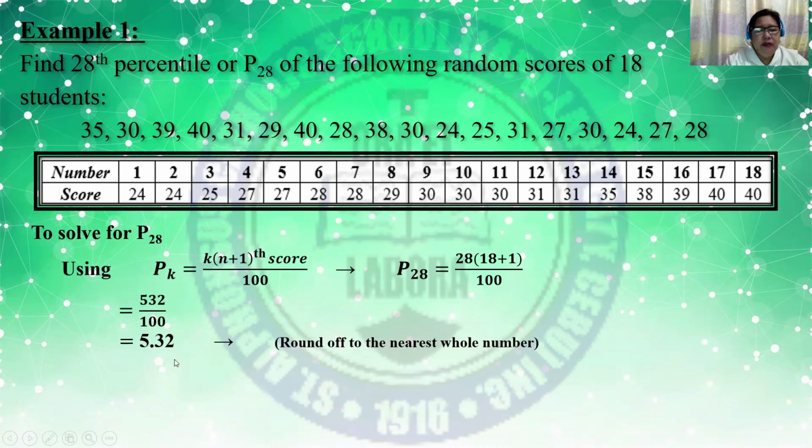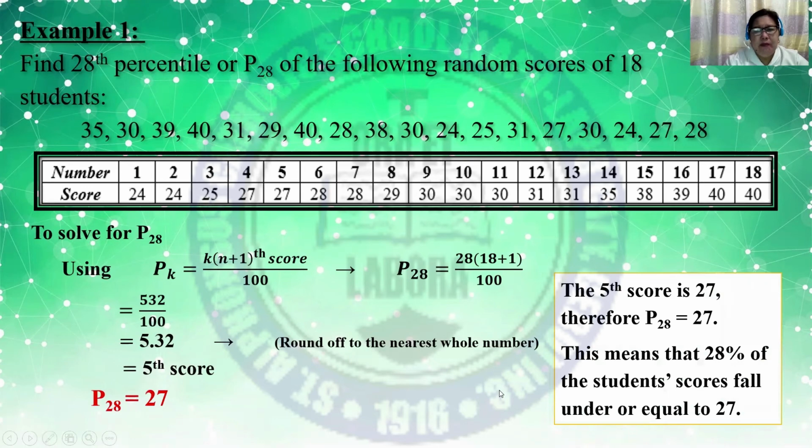Round this off to the nearest whole number, and that is the 5th score. And the 5th score is 27. So the value of P28 is 27. This will mean that 28% of the students' scores fall under or equal to 27.